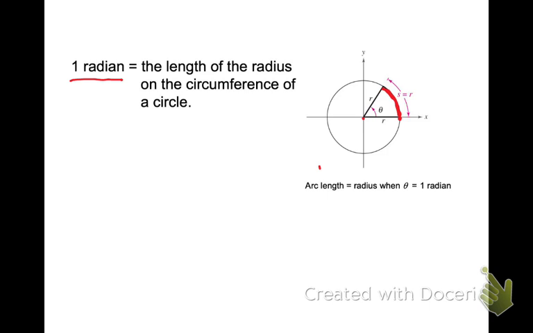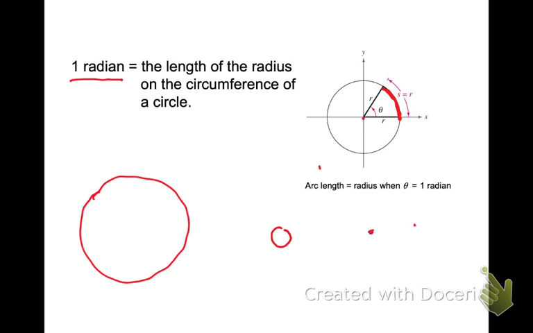Make sense? Now, would you believe me if I told you every single circle, no matter the size, has approximately the same number of radians in it? Yes, I would. Would you? Yes, Professor Beck. So, that circle, that circle, that circle.